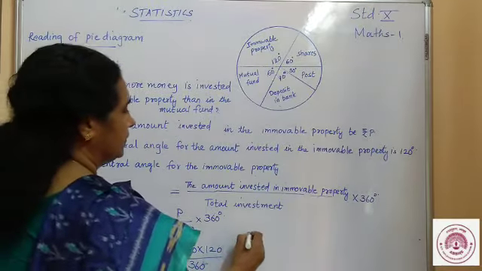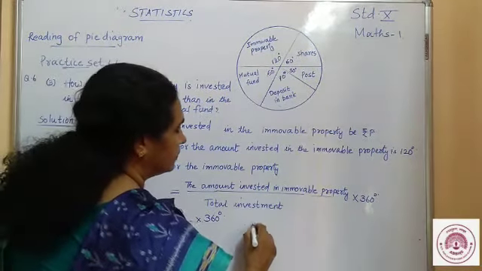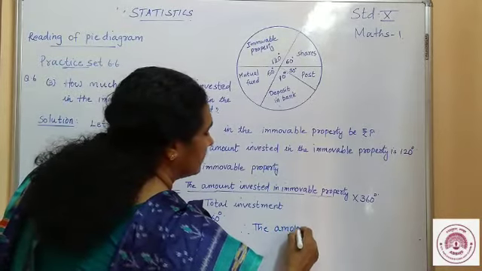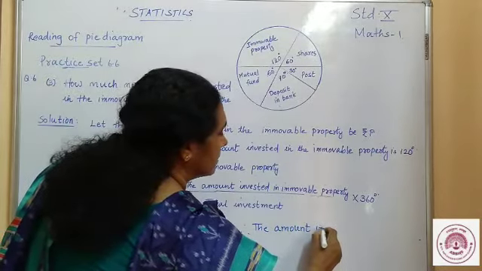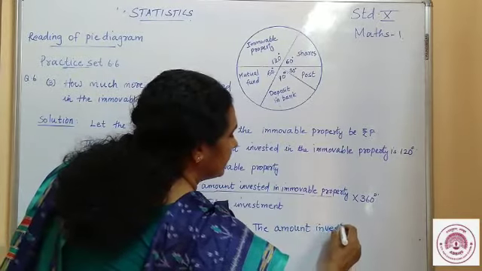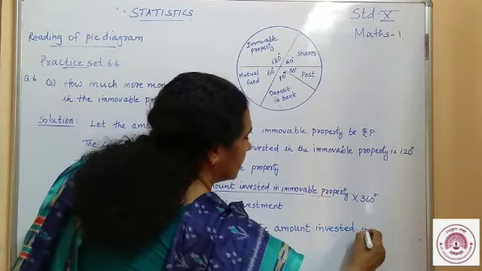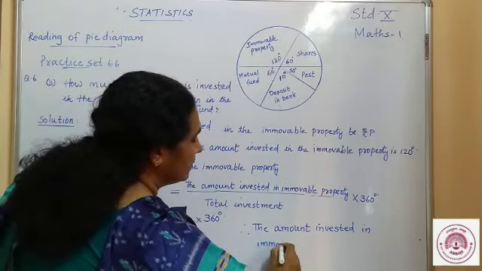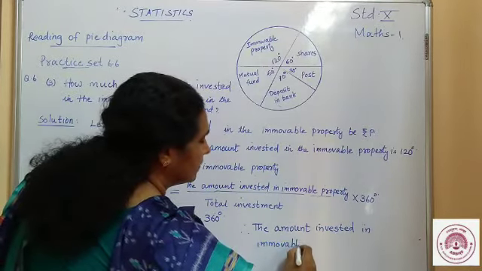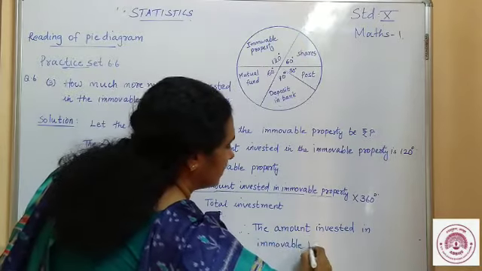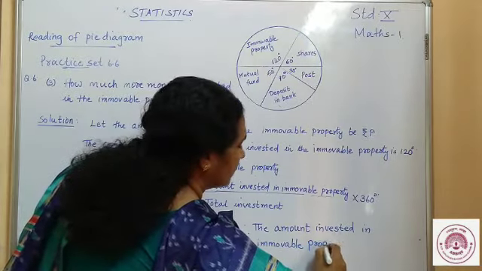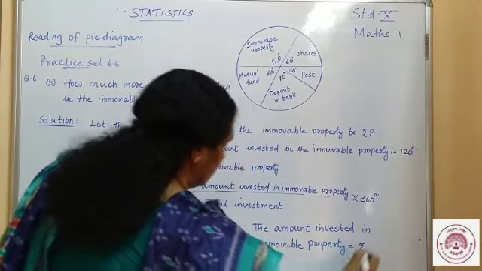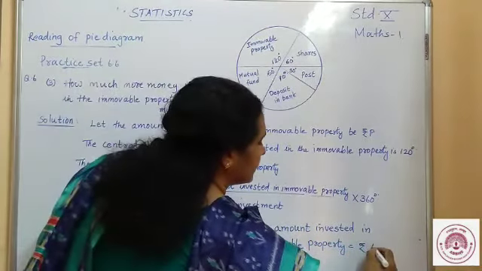Therefore, the amount invested in immovable property is equal to rupees 4,000.